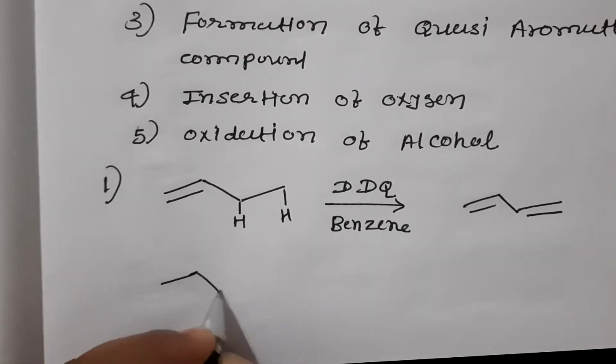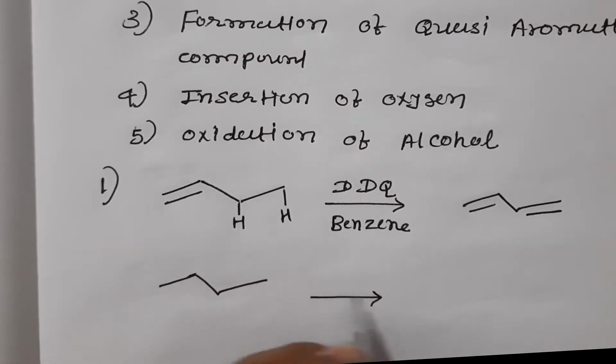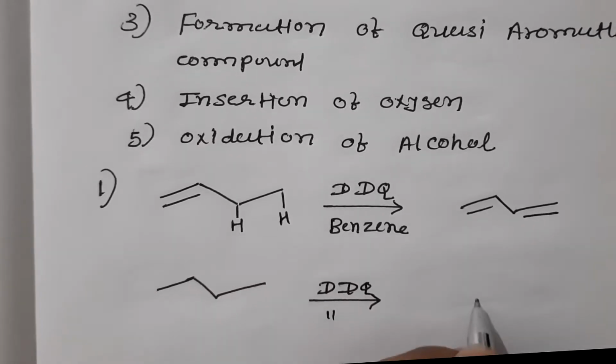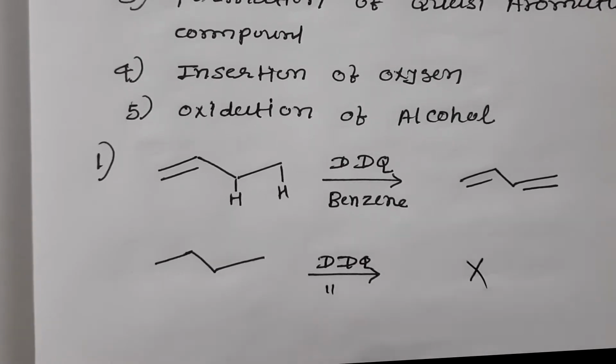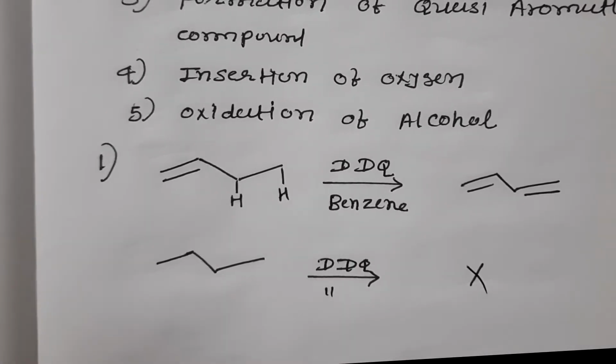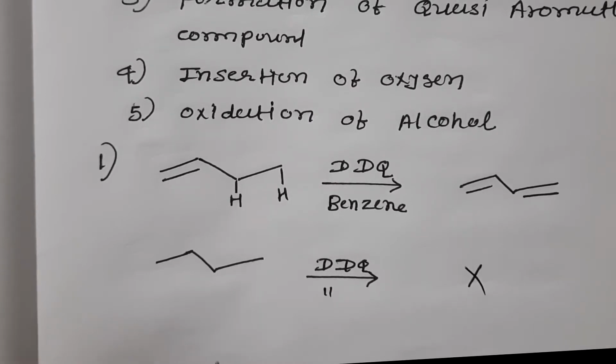Suppose we take this type of molecule and it reacts with DDQ, with the same solvent we use here. There is no formation of product because there is no active hydrogen here. One equivalent of DDQ generates one double bond.